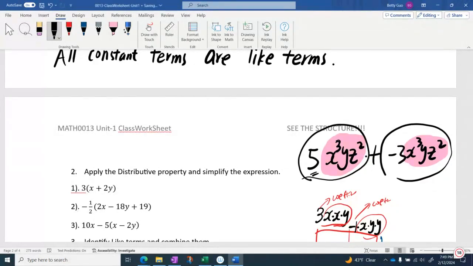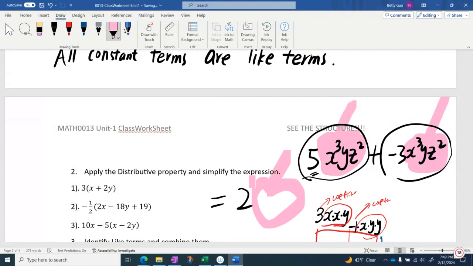You can just see this pink as an apple, right? You have 5 apples here, and I take 3 apples from you. How many apples do you have left? You have 2 apples, right? Does that make sense? Originally you have 5 apples, and I take 3 away. You have 2 apples.